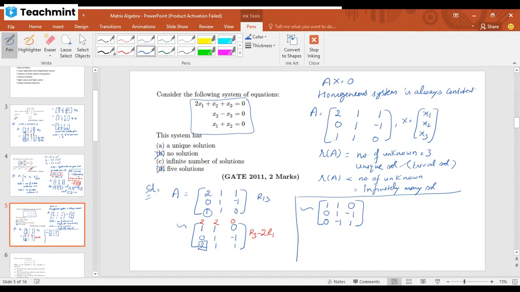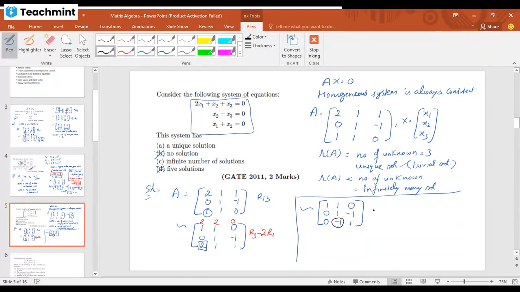Now the next step is we want to make this entry 0 to reduce it into row echelon form. Because in row echelon form, the number of zeros preceding the first non-zero entry increases row by row. So if here we have one 0 before the first non-zero entry, in the next row we are expecting at least two 0s.